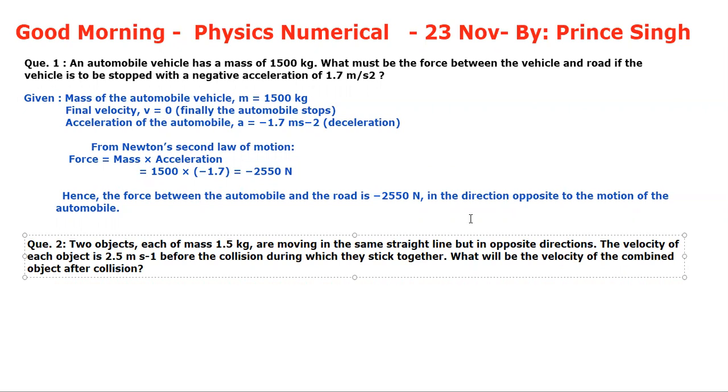Two objects, each of mass 1.5 kg, are moved in the same straight line, but in opposite directions. The velocity of each object is 2.5 meter per second, that is second to the power minus 1, before collision, during which they stick together. What will be the velocity of the combined object after collision? So what will be the starting statement? How will we start this?